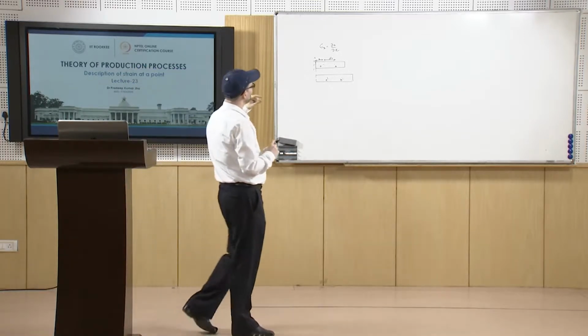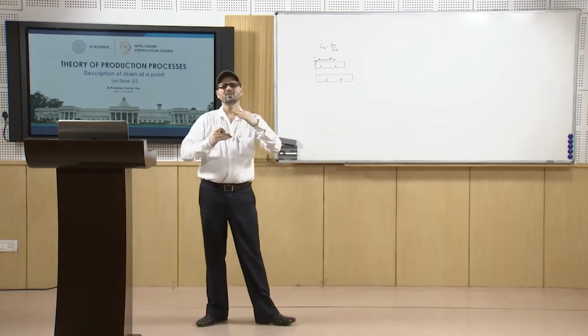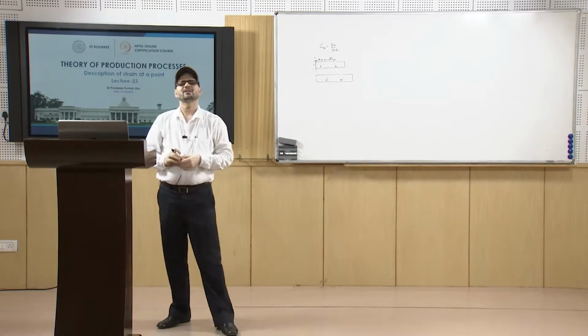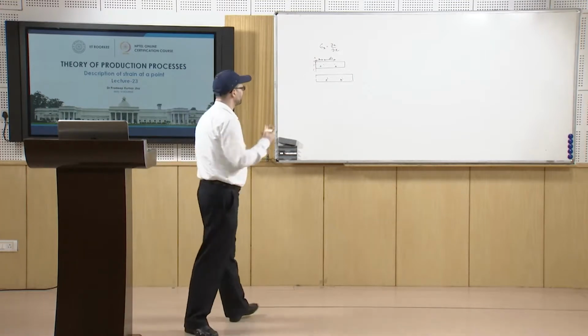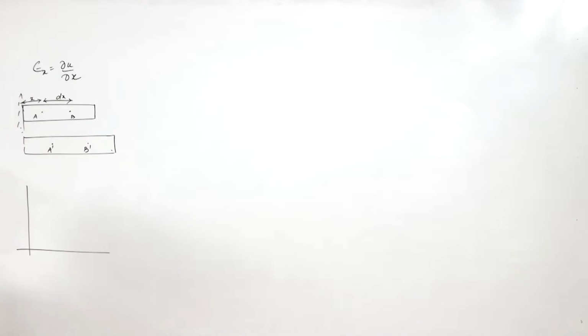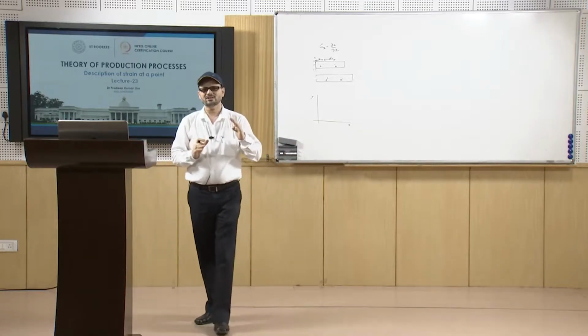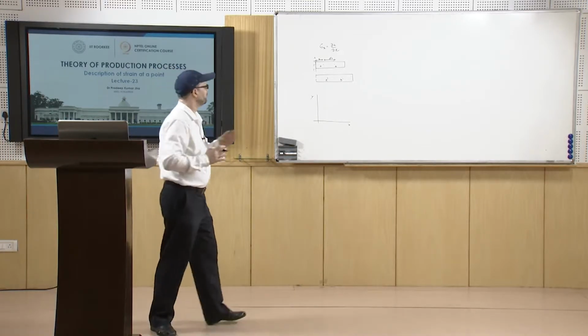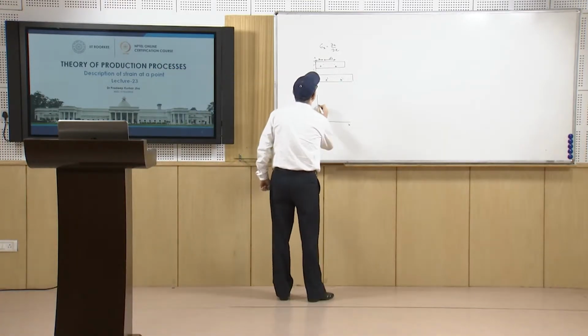Now, this is strain in one direction. If you look at the 2-dimensional state, you have the x axis and the y axis. You may have the change of shape in different manners.